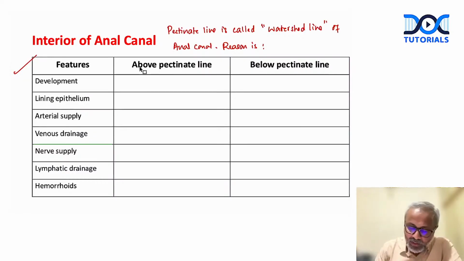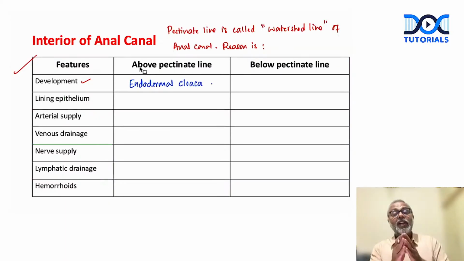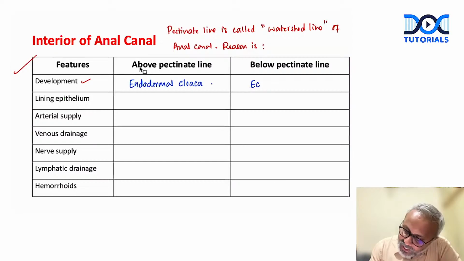For example, when we talk about development, above the pectinate line, the development is from the endodermal cloaca. Hope we still remember what we mean by cloaca. Cloaca refers to the post-allantoic part of the hindgut. So this is the endoderm. Then below the pectinate line, it develops from the ectoderm.